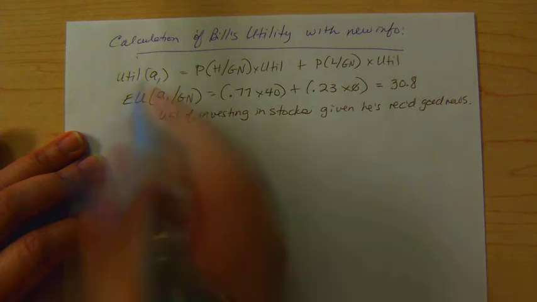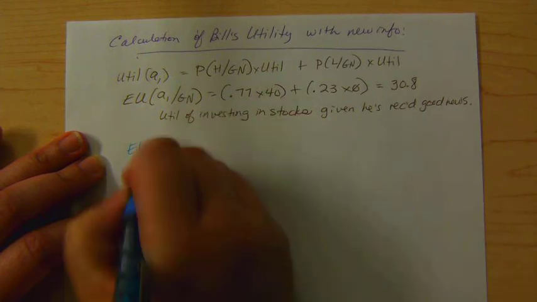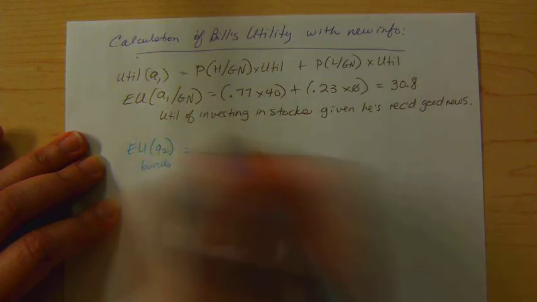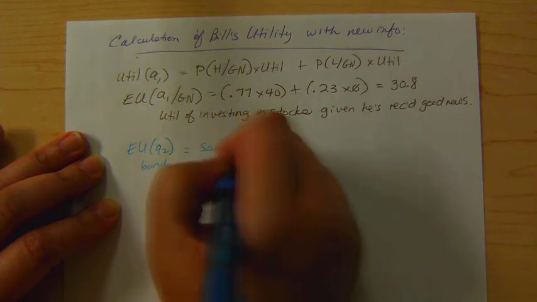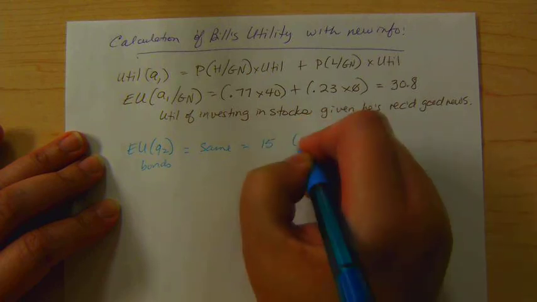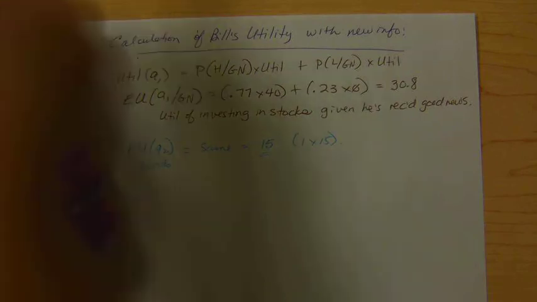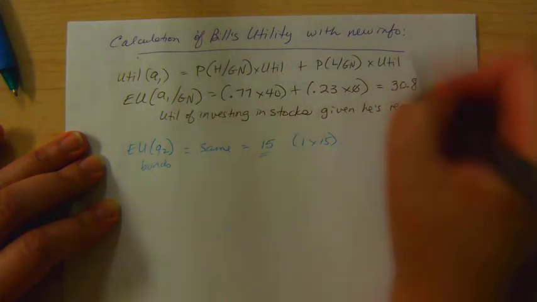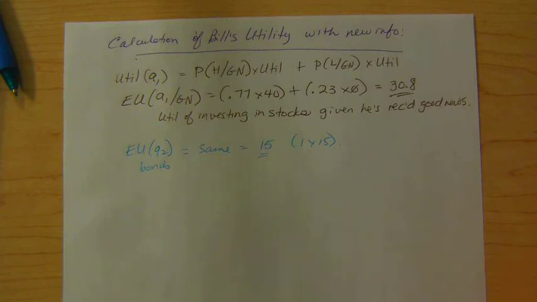Now, has the expected utility for the bonds changed? No, we didn't do anything with them. So it's the same, it's 15, which was 1 times 15. And what units is utility in again? Okay, happiness, whatever you want.